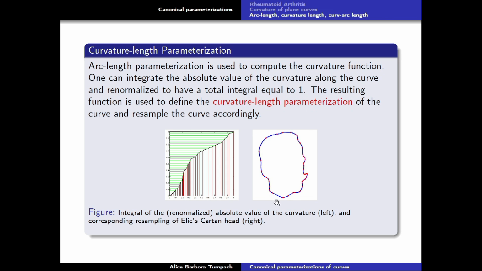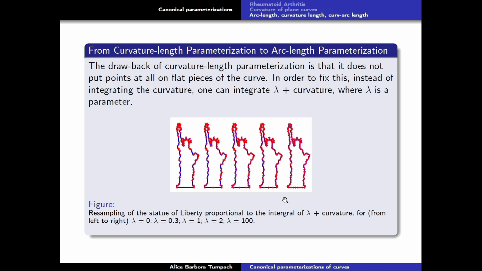No points at the flat pieces, which may be a problem if you look at the example of the Statue of Liberty, because there is this part here which is completely straight. Curvature length parameterization will put no point there.